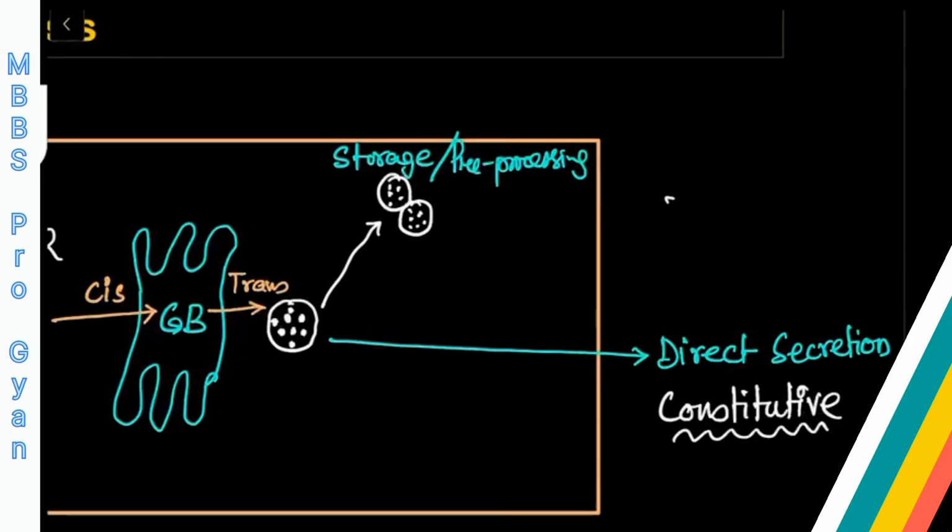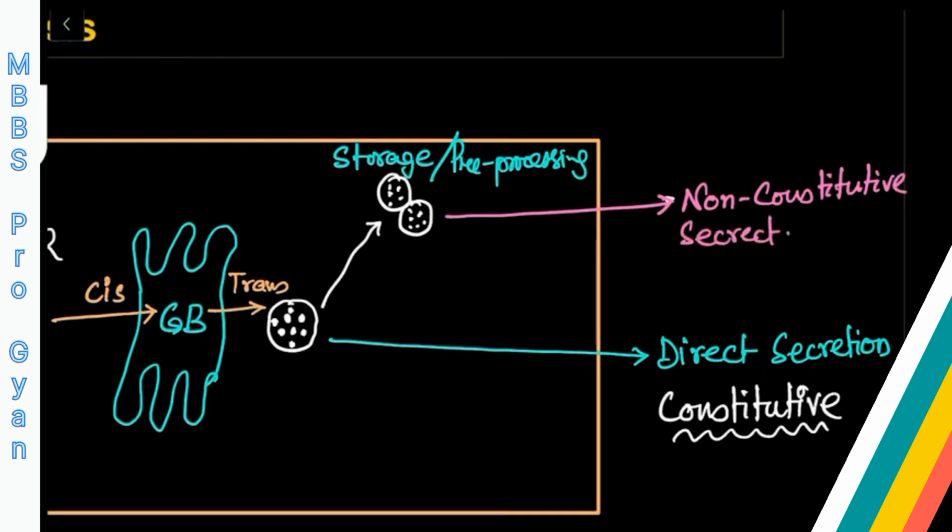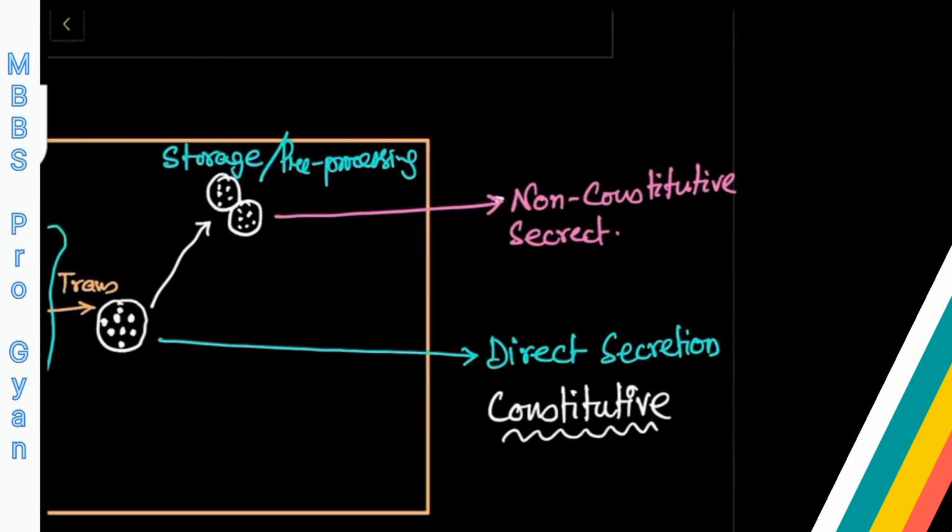Storage is going on and processing is also going on. So more and more refined molecules will be produced, and then only the vesicle is going to be secreted. This is known as non-constitutive secretion, or non-constitutive exocytosis.